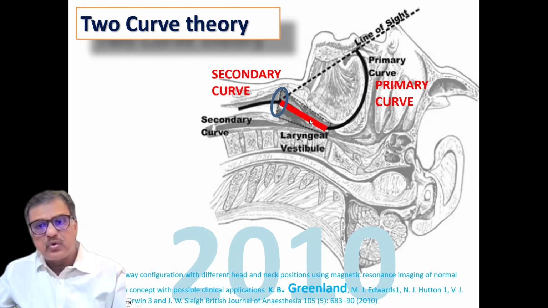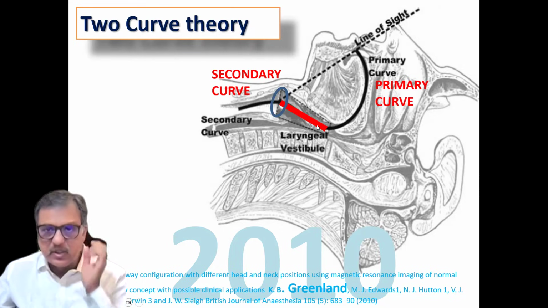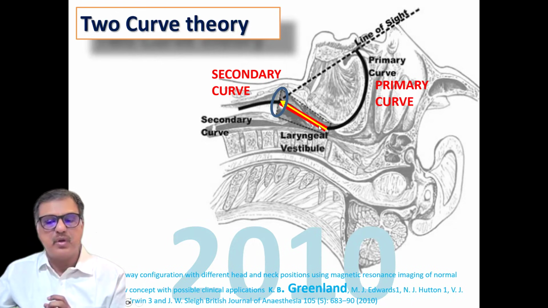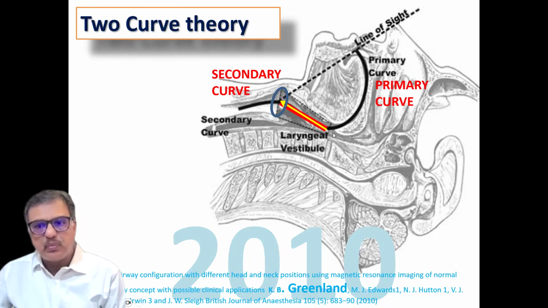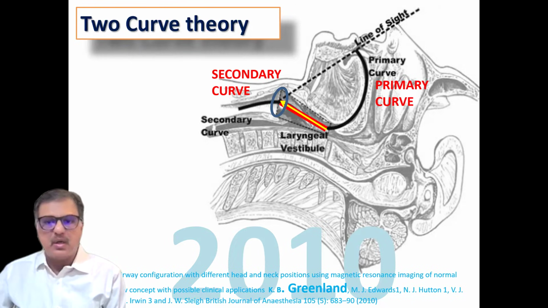And if we are able to place a camera over this line, and if that camera is faced towards the larynx, we will get the laryngeal view. That's the simple basics of videolaryngoscopy. So you have to place a camera over this line, and that camera should be focused towards the larynx.